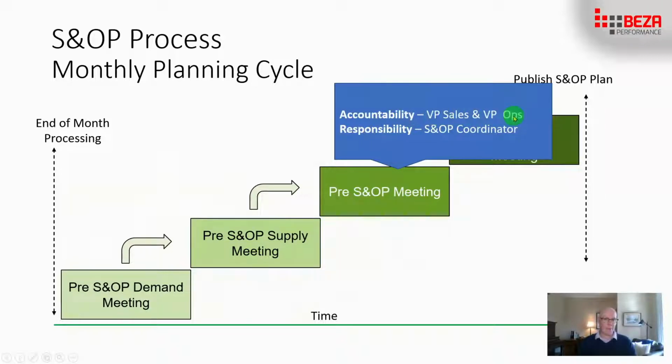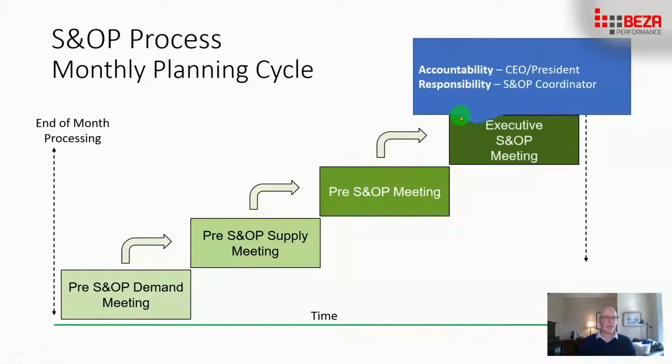I put on here VP of sales, VP of ops. It might vary depending on whether you're constrained or unconstrained. If you're unconstrained, we don't have to do any constraining on the demand plan, so often this sits with the VP of ops side. But ultimately, we've got to get that all done, and everybody's got to agree to the plan.